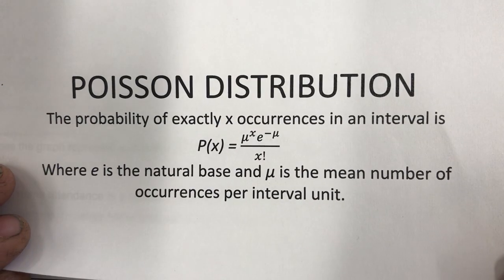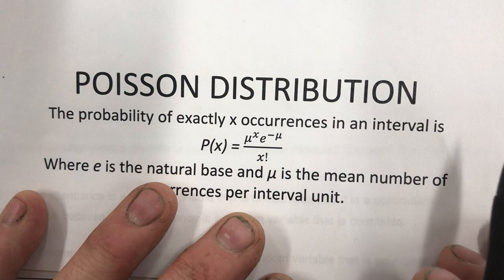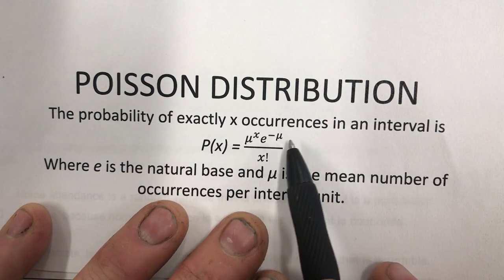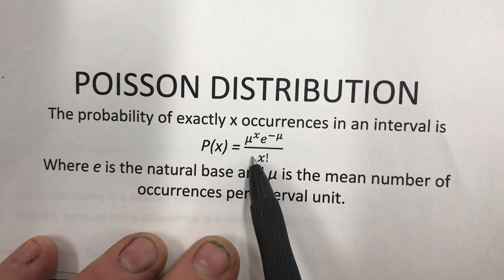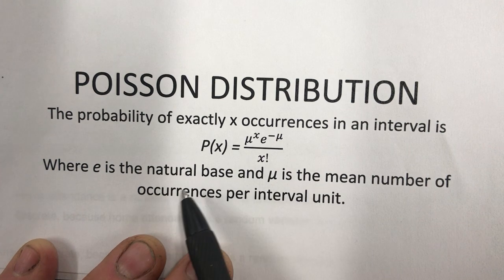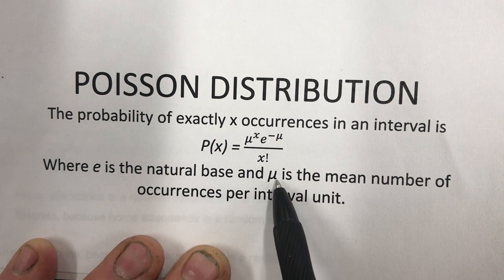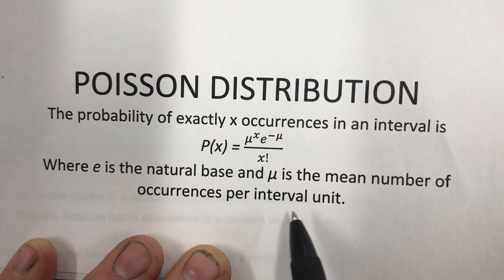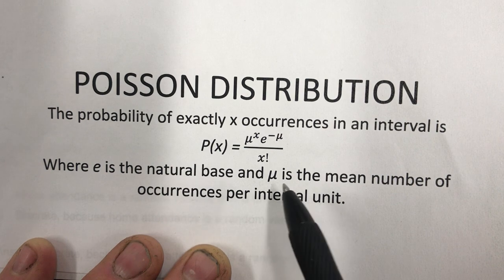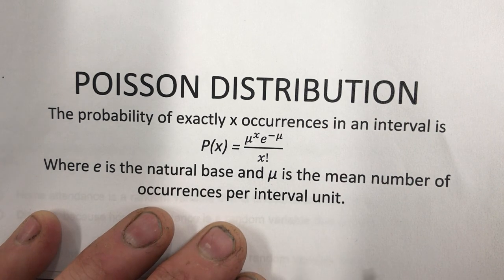And then we had the Poisson distribution, which gives the probability of exactly x occurrences in an interval. Where e is the natural base and mu is the mean number of occurrences per interval. In other words, suppose that each day a person typically hiccups 5 times.